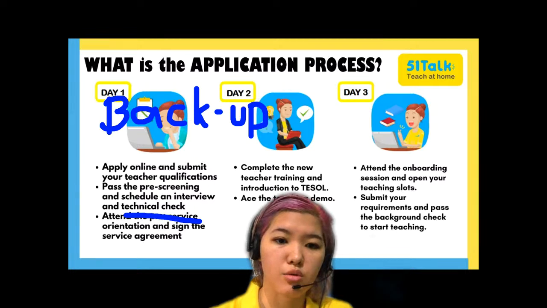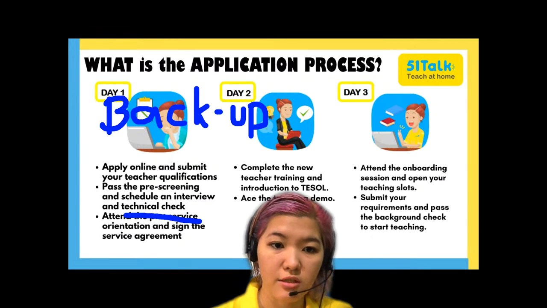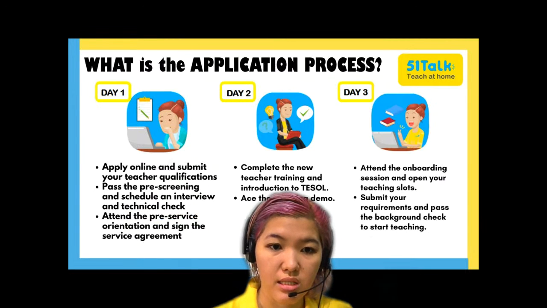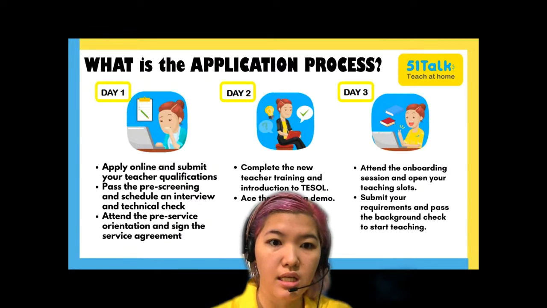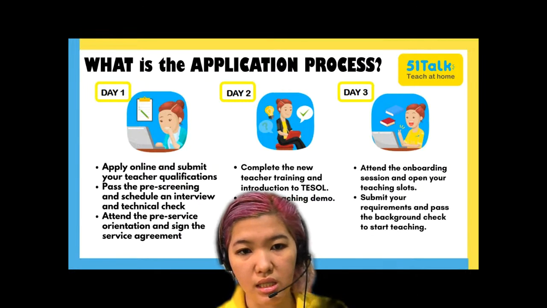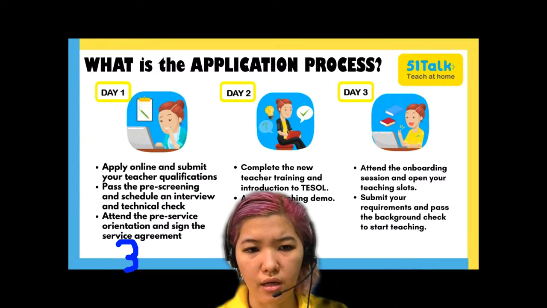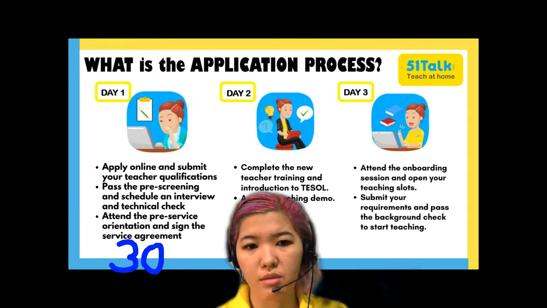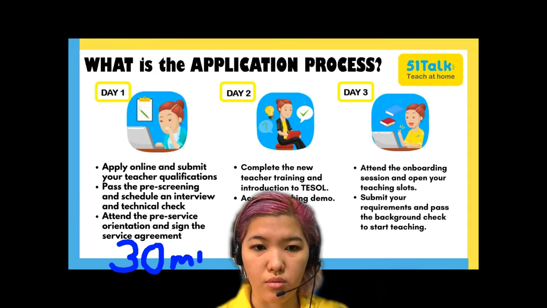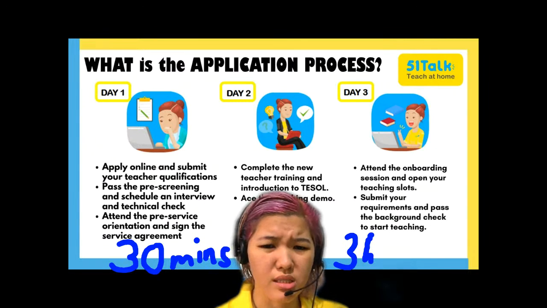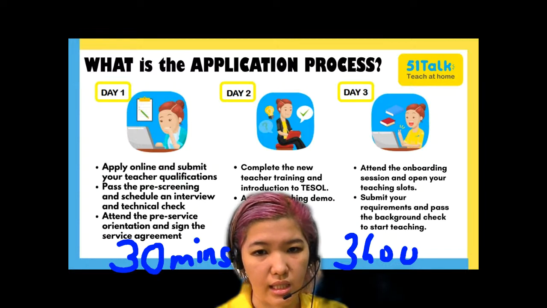And once done, you would have to attend the service orientation and sign the service agreement. Gan kabilis. And if I'm not mistaken, correct me if I'm wrong, maybe 30 minutes minimum to 3 hours. So once they call you, preferably ready ka na.